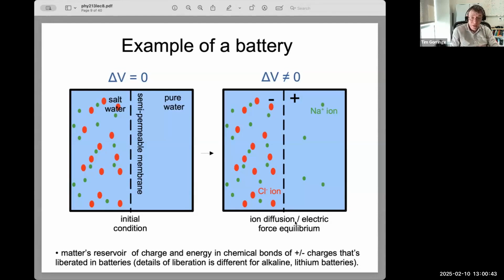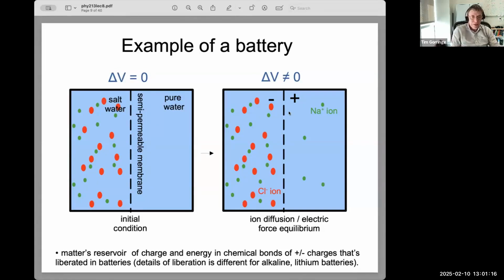And so we end up again with an equilibrium between the sodium ions wanting to diffuse through the semi-permeable membrane, but that diffusion involving climbing up a hill, which the sodium ions don't want to do. They don't want to climb up that potential hill. And so we get some sort of equilibrium of a positive charge and negative charge on the left and right. We get an equilibrium potential difference between the left and right. We build a battery again.